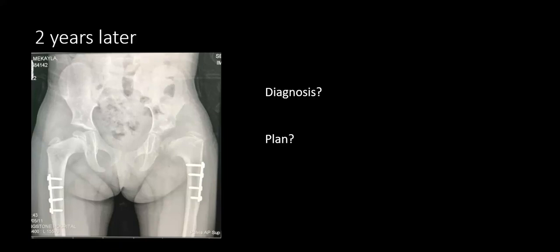I can see changes in the acetabulum mostly on the left compared to the right. Yeah, I'm not very convinced of AVN because the femoral heads look similar to what they were when we operated. So I'm not actually seeing any sclerosis or fragmentation, anything like that. But the main thing for me is the coxa here.